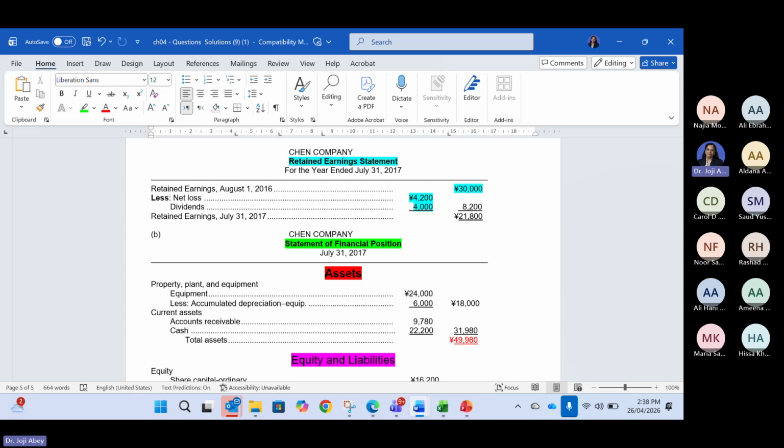Then we need to prepare the financial position. Partial. That means they are not telling us to prepare the entire financial statement, but that is the second statement that we are preparing, which is the balance sheet, or we can call it a statement of financial position. Here also they are asking only for the assets. So we have fixed assets or long-term assets and current assets.